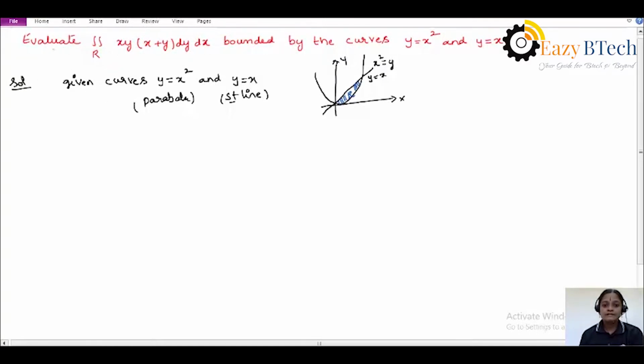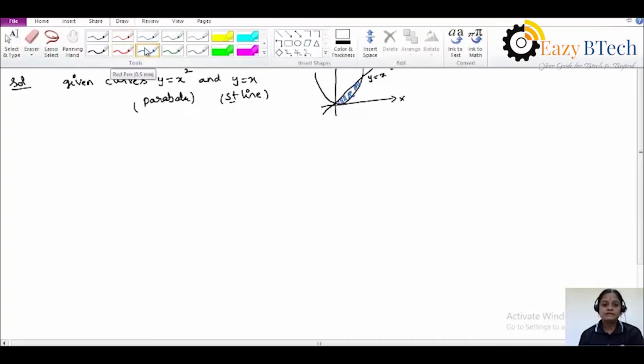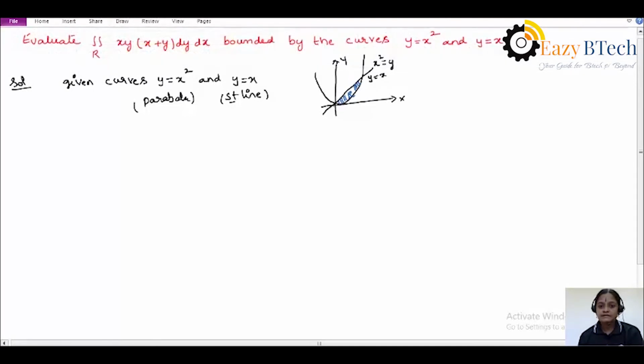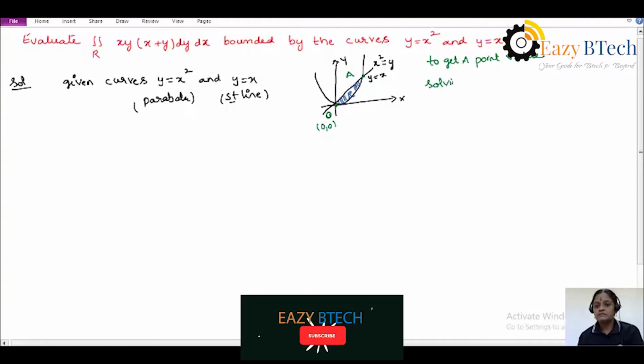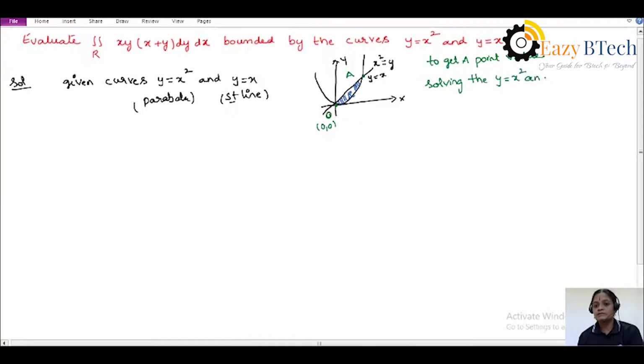Okay students, now we have to evaluate over this region bounded by the two curves. Before that, we first find the intersecting points O and A. Of course, the point O is (0, 0). To get point A, solve the given curves y = x² and y = x.